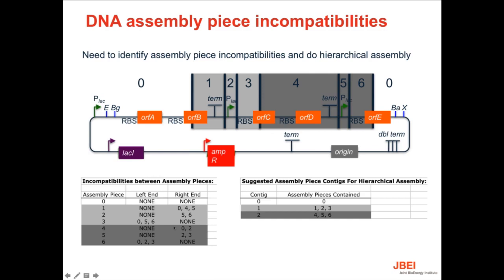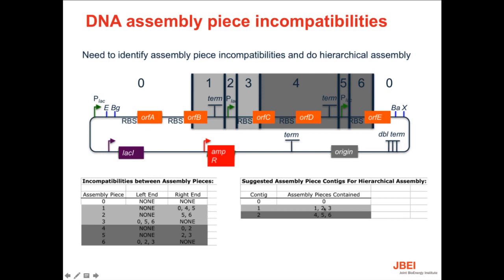In this case, if I blasted the 3' end of assembly piece 1 against all of the other assembly pieces, I might have some homology inside of assembly piece 0. That's because there's also a PLAC in the vector backbone. And then the 4 or 5 junction also has this PLAC sequence. So I would find out that I probably don't want to put the right side of assembly piece 1 in any assembly reaction that contains pieces 0, 4, or 5.